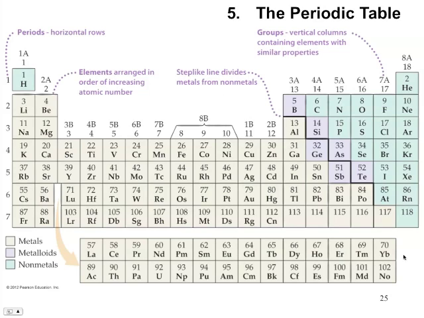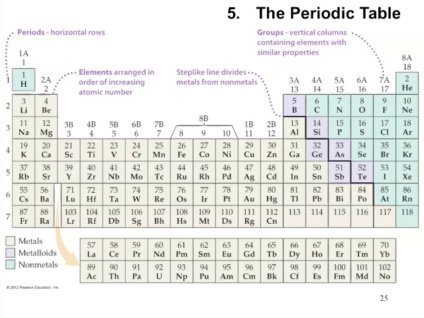First of all, about 75% of the elements in the periodic table are metals. So they're shown by this color. Here's a little staircase dividing line between the metals, shown here, and the non-metals in this color, shown here. So metals have the property that when you pound on them, they're malleable, so they tend to form thin sheets.